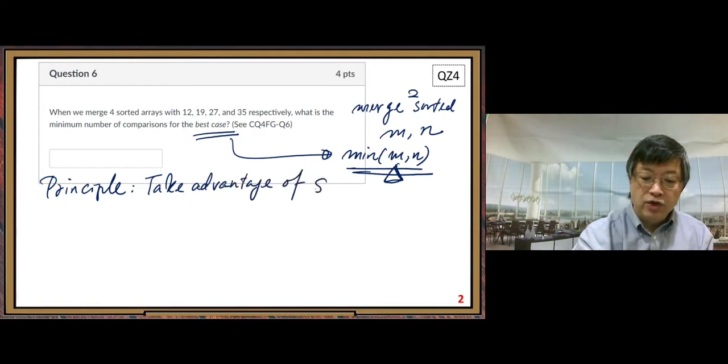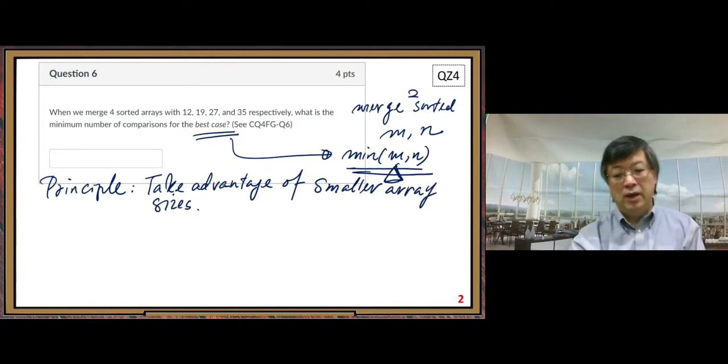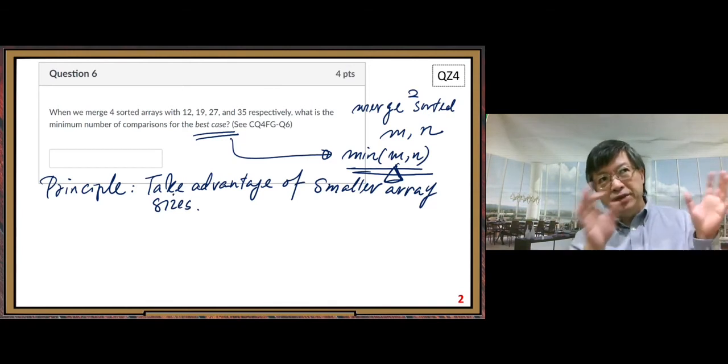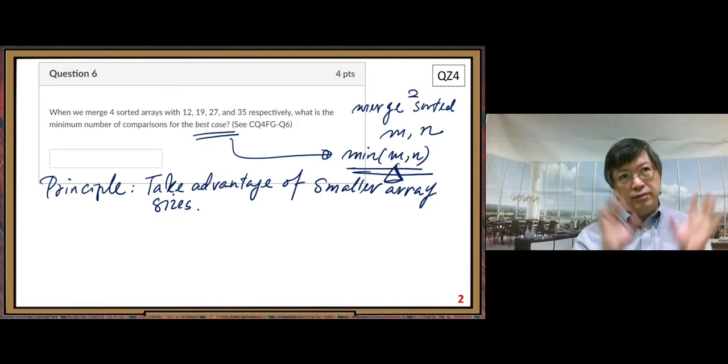But how to take advantage, you need to control that part. So there is some fuzzy thing behind it.